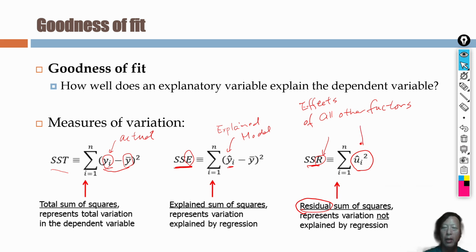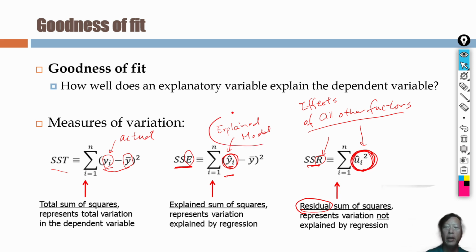It's contained here, and then this is what we can explain using my model, right? My variable can explain the real data y by this much, and all other factors we don't know or we cannot measure, which is contained by this error.